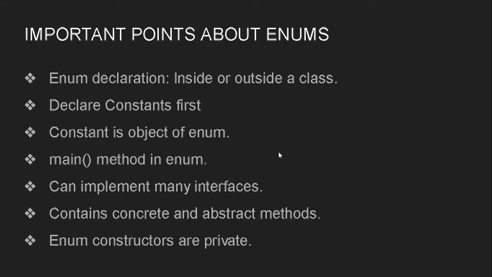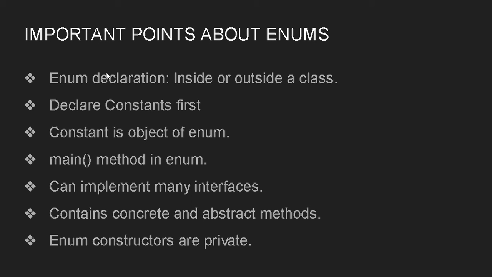The third thing which you need to remember is that the constants you are declaring inside an enum are a kind of object of the enum. One additional thing I'd like to add about the first point is that if you are declaring an enum inside a class, you can mark that inner enum as either private or protected.